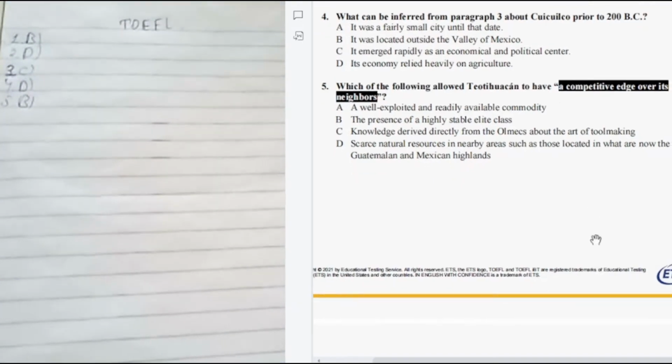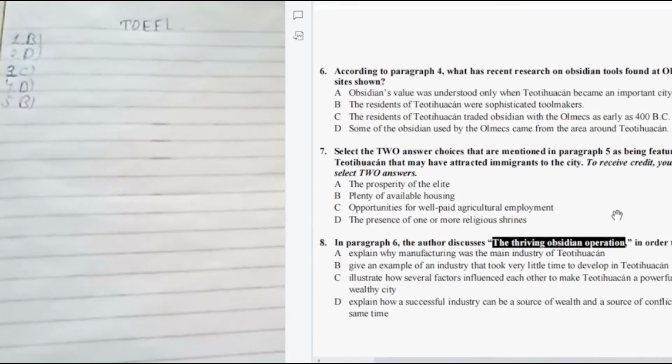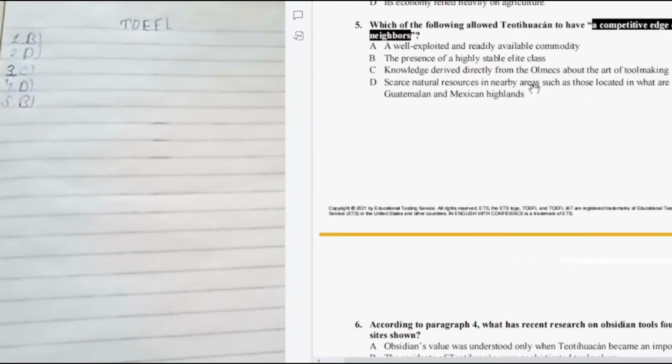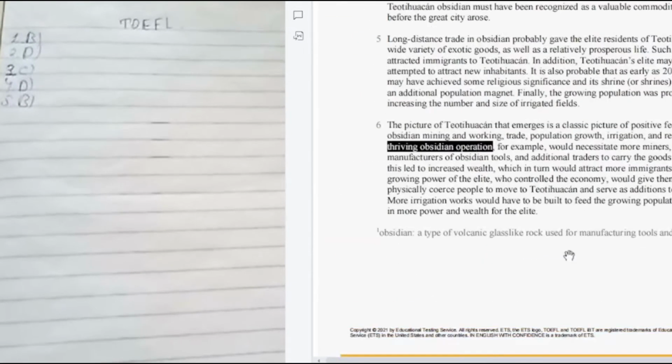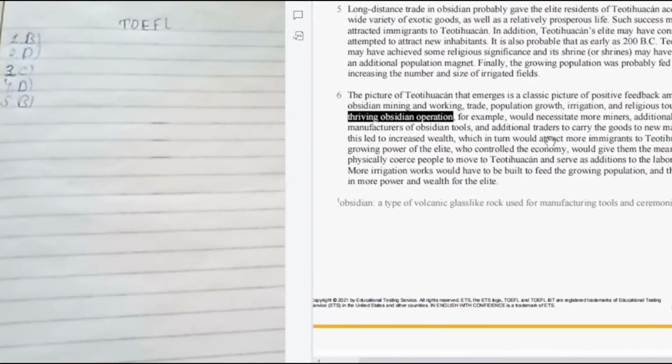Then let's go. Question 6: according to paragraph 4, what has recent research on obsidian tools found at Teotihuacan sites shown? What has recent research? Let's go. We must remember the dates before Christ.